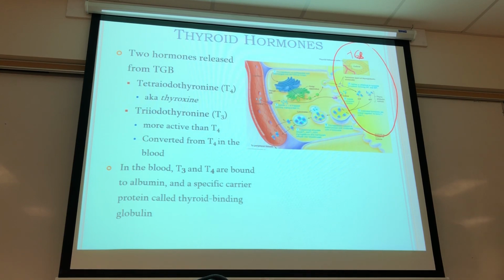And you can see in this process how T3 and T4 are produced. The thyroglobulin is produced in these follicular cells. They come back out, they're packaged up in the Golgi apparatus, and they get secreted out into that whole pool of TGB. So the follicular cells are producing it.